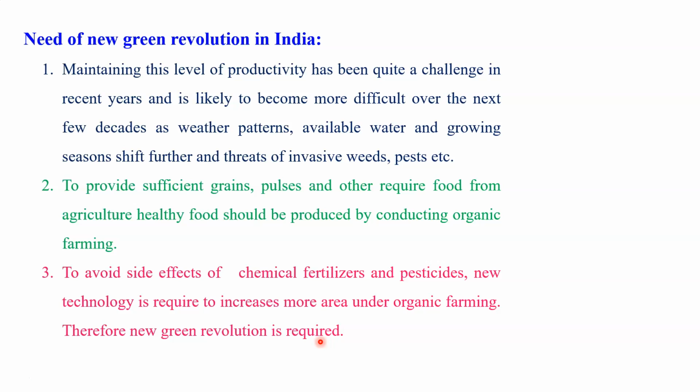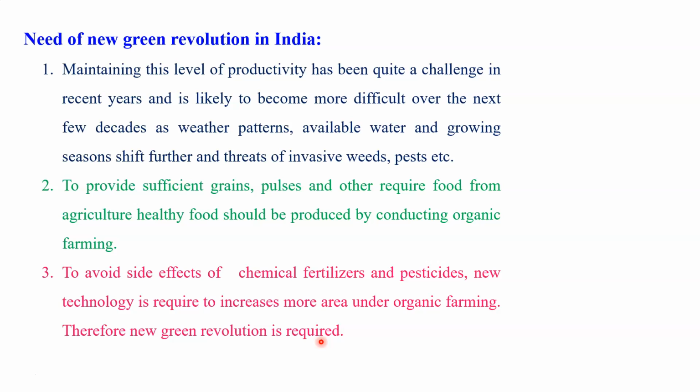At that time the area under agriculture and irrigation was increased on a large scale. But nowadays we want to increase the area under agriculture, but in organic agriculture, because when we increased the area under irrigation and agriculture, at that time we especially used chemical fertilizer and pesticide, and we have seen the negative impact on ecology, human health, soil, and so many environmental factors.